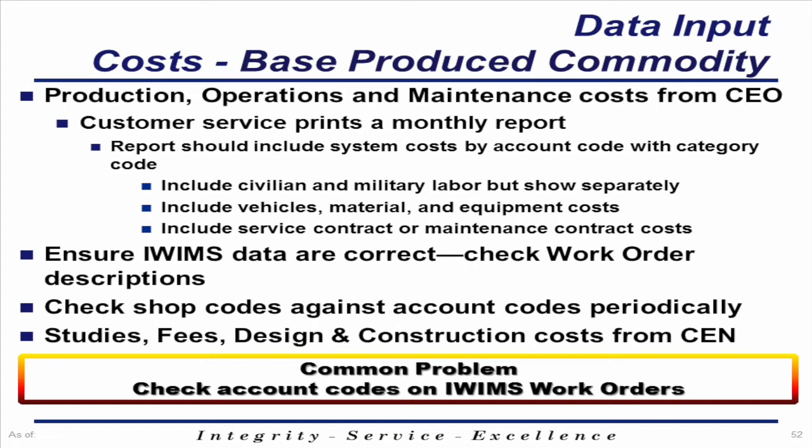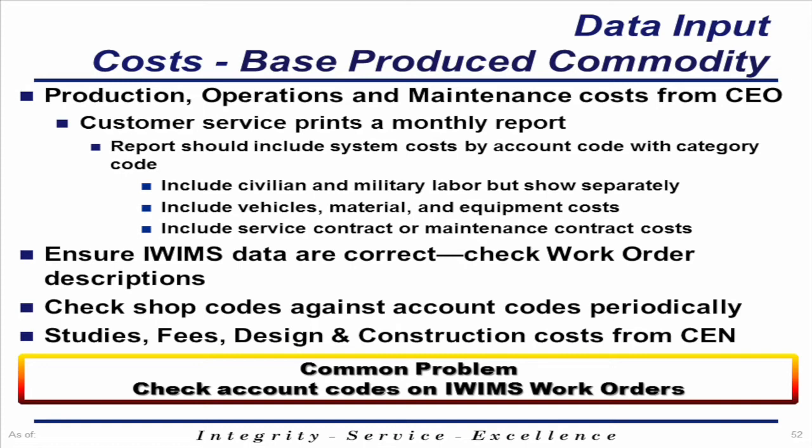Because as you will see if you look at a 3556, there's a column for military labor that is separated from that of civilian labor. So we have to ensure that when you get those labor costs that you do separate them. And also you have to get your vehicle, material, and equipment cost, and as we talked about earlier, your service contracts and maintenance contract cost.